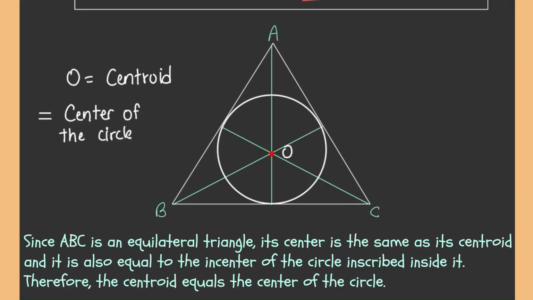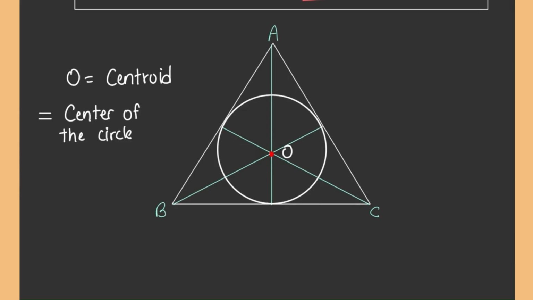Okay, now we are going to get into another fact, and that is the distance from the vertex to the centroid, which is AO, is twice the distance from the centroid to the midpoint of the opposite side. Let's call this point over here, where the straight line coming from A intersects the midpoint of the opposite side BC, the point D.